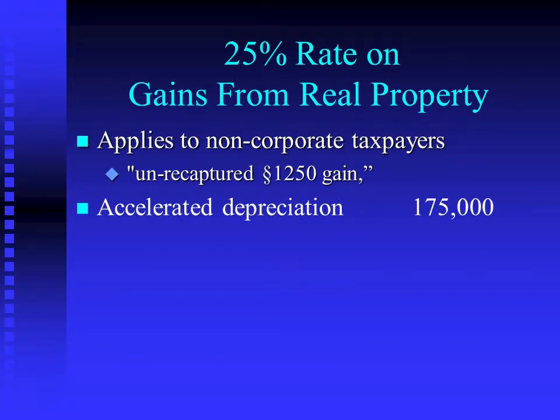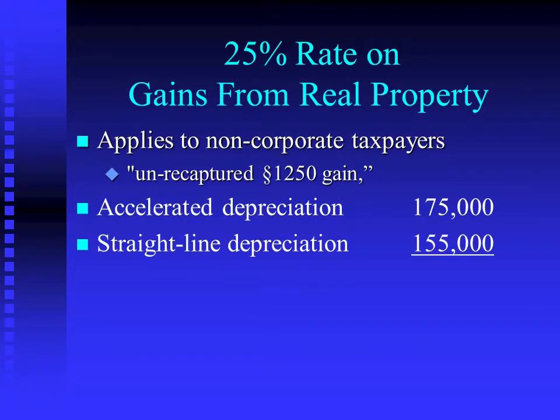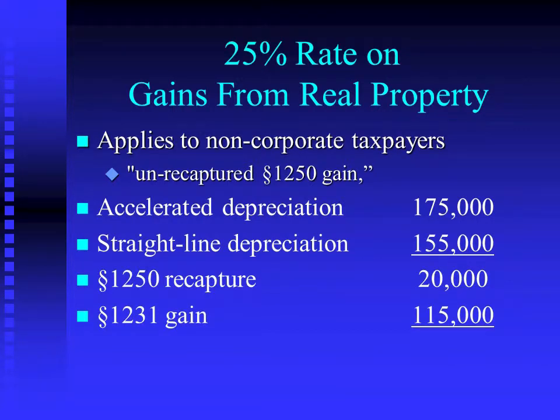So here is accelerated depreciation from the last example, the straight line depreciation, the 1250 recapture, and the 1231 gain. So the 115 to the extent of straight line depreciation will be taxed at the 25% rate. Now, all of this assumes, of course, that the netting process has given us a net 1231 gain. The net 1231 gain has survived the look-back rule, so there actually is a long-term capital gain in play.